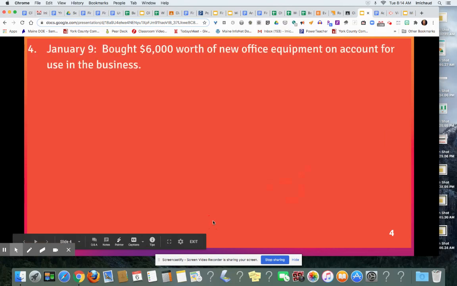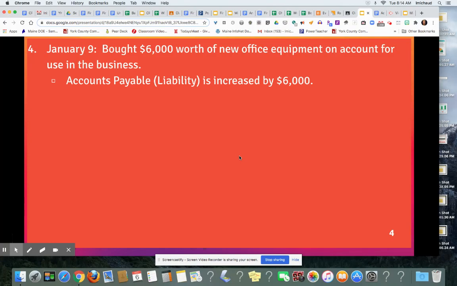Transaction 4, bought $6,000 worth of new office equipment on account. Remember what that means, it's a credit transaction for use in the business. Accounts payable, which is a liability, is increased by $6,000 because we owe more than we did before.